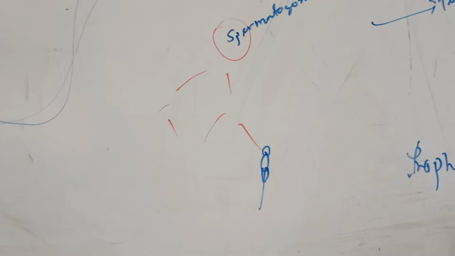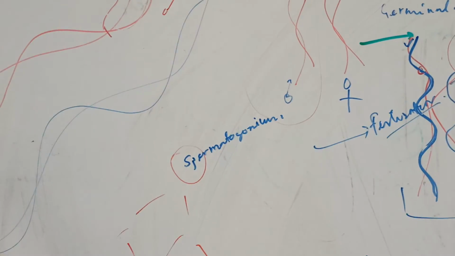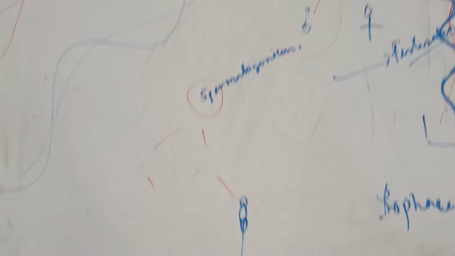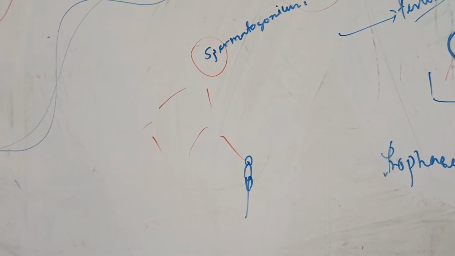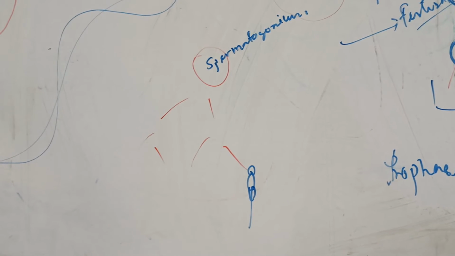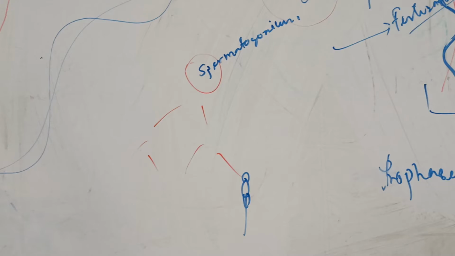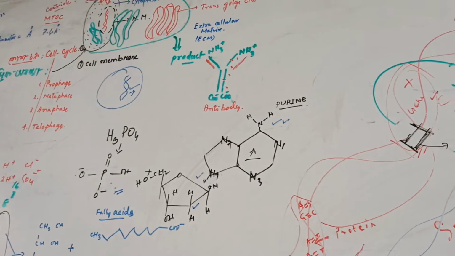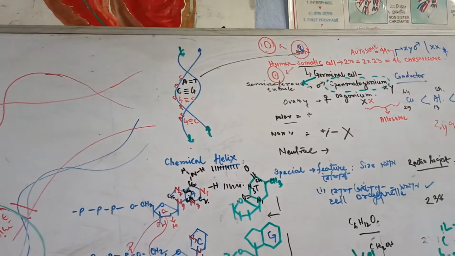So this sperm will bear, or before producing this, it will have certain meiosis. Now you can see, when a body cell normally divides, it is mitosis.